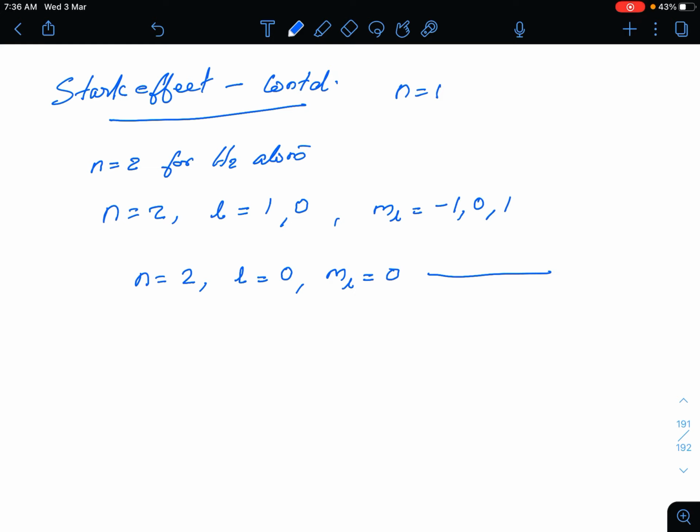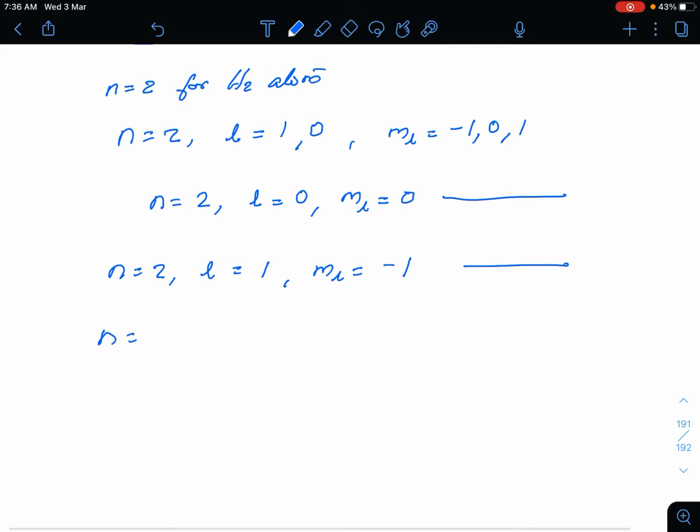So this is the one state. Then n is equal to 2, L is equal to 1, ML is equal to minus 1. So this is another state.